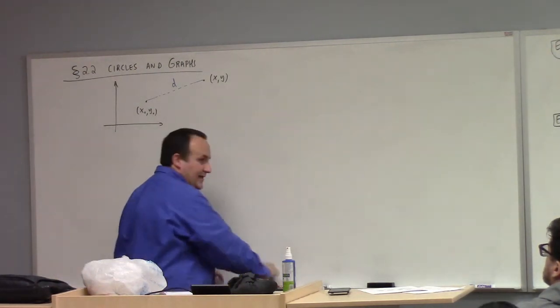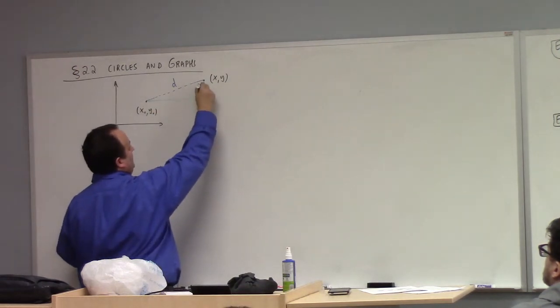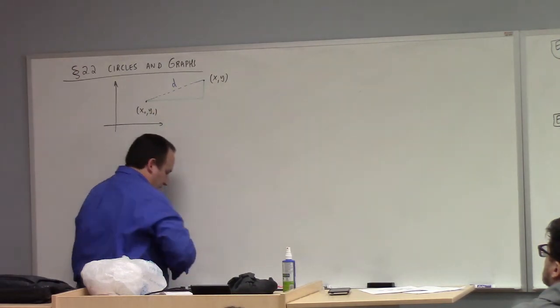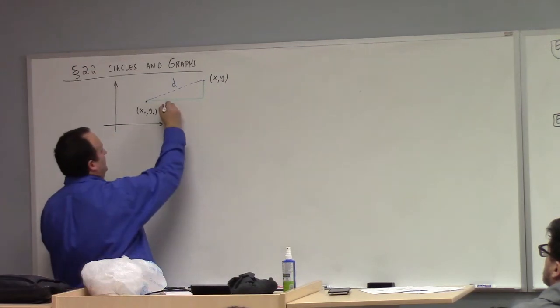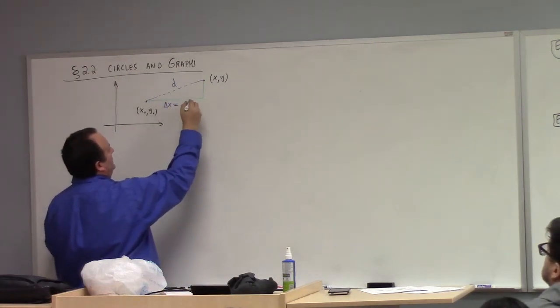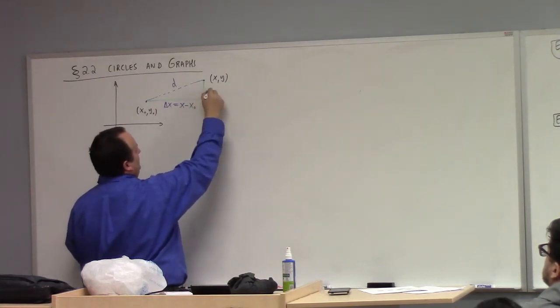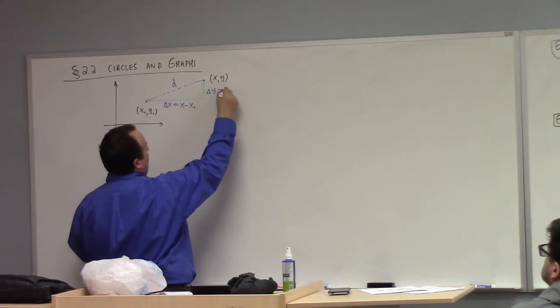I can look at the triangle here. I can talk about the change in x, which we usually call the run. So that would be x minus x naught. And I can talk about the rise, the change in y, that would be y minus y naught.